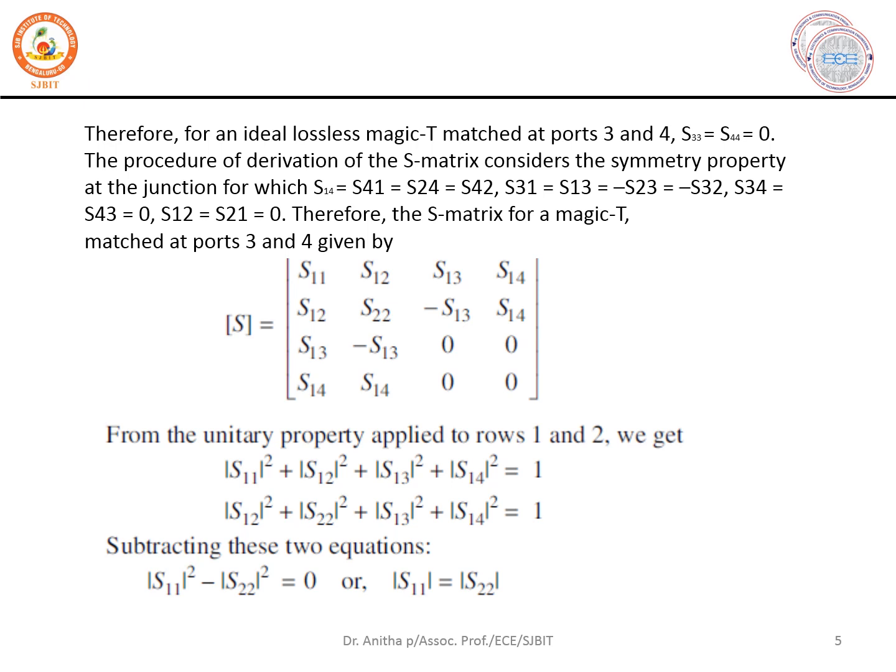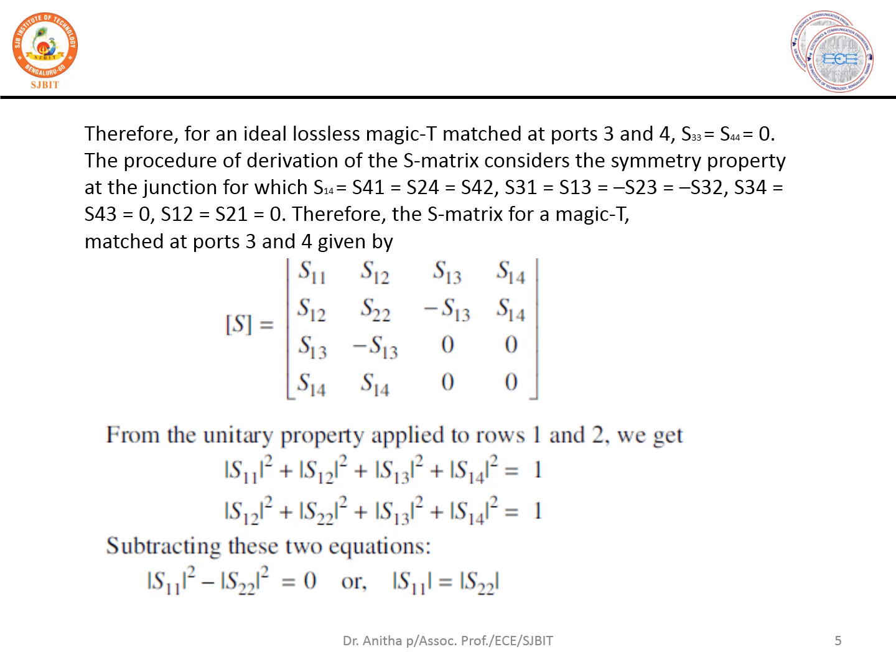Similarly, in the third column, S31 is the same as S13, S32 is minus S13, and the last 4 values will become 0, because S33 and S44 are perfectly matched, and these two are S34 and S43. If I give input at port 3, nothing will be seen at port 4. If I give input at port 4, nothing will be seen at port 3. So the last 4 values become 0.